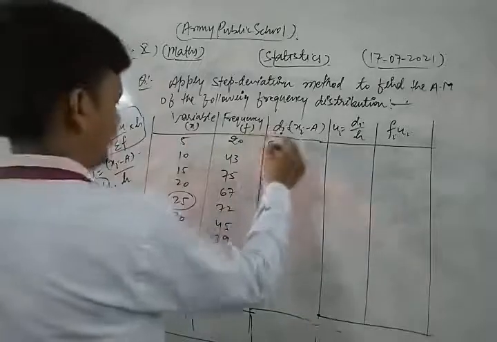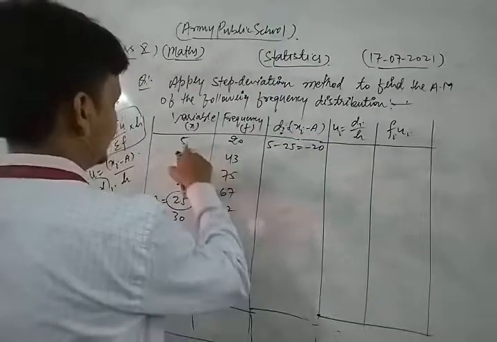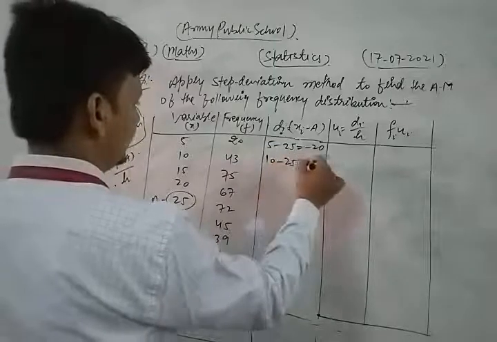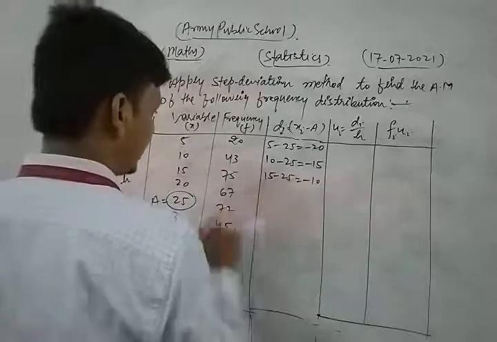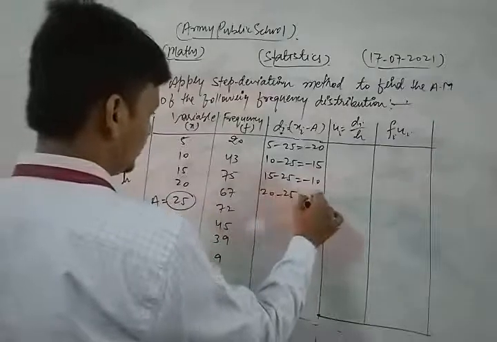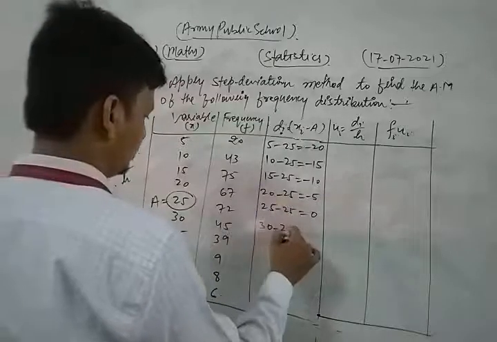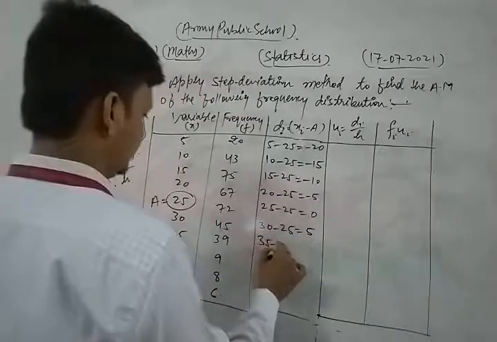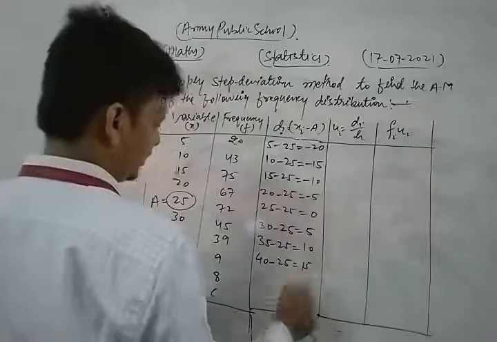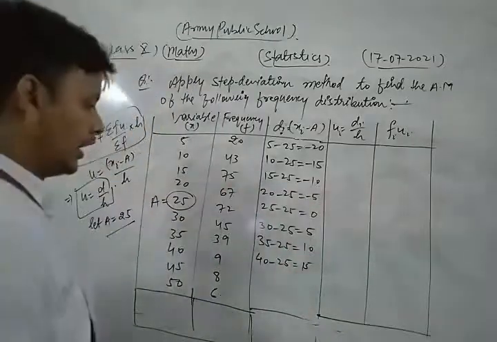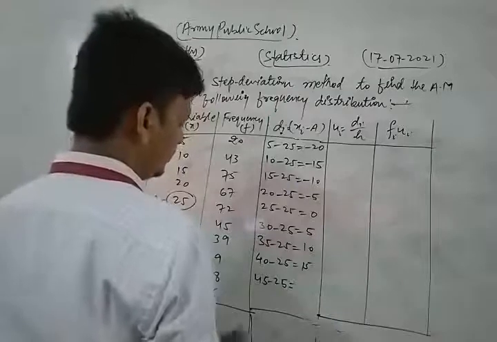Here, 5 minus 25, so we get minus 20. Now 10 minus 25 is minus 15. 15 minus 25 gives minus 10. 20 minus 25 gives minus 5. 25 minus 25 is 0. 30 minus 25 is plus 5. 35 minus 25 is plus 10. 40 minus 25 is plus 15. 45 minus 25 is plus 20.